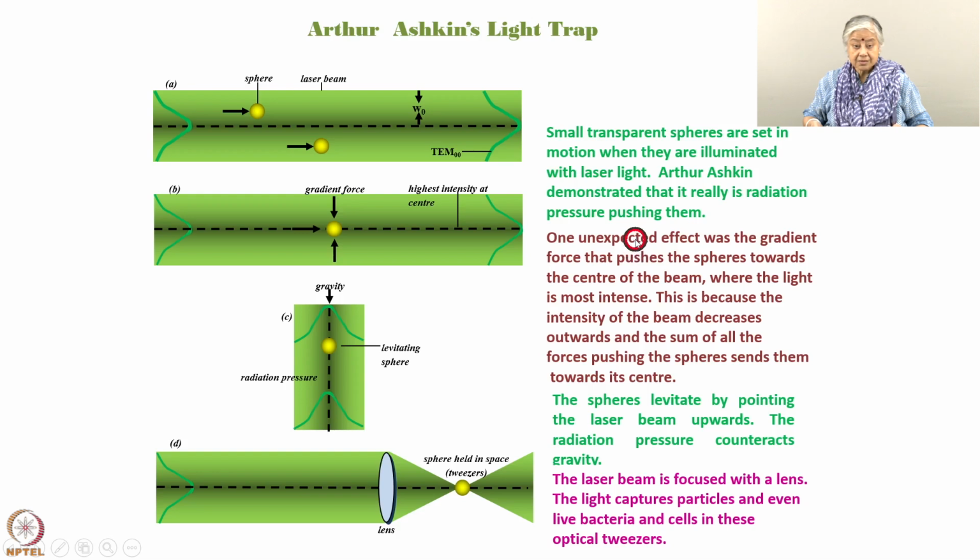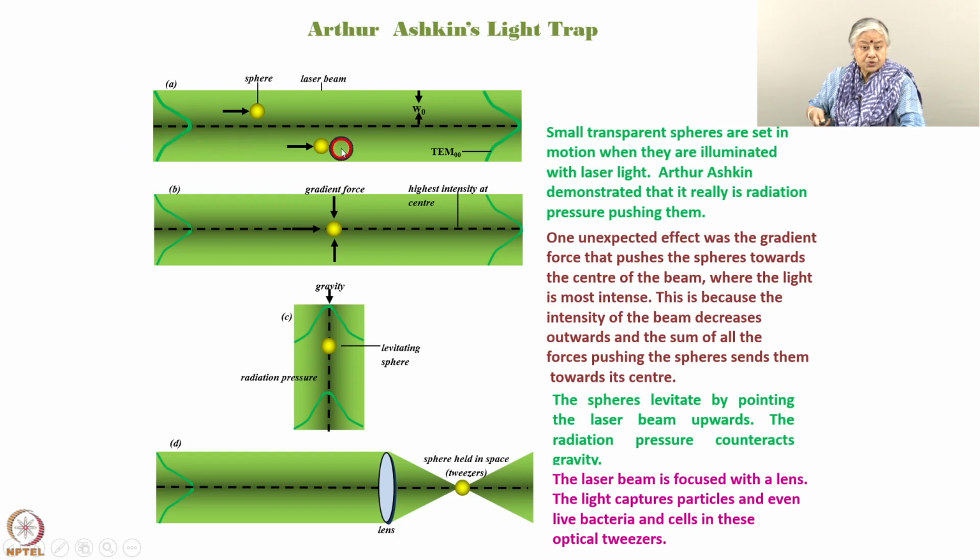They are neutral particles, there is no electrostatic force or electrical field. It is the actual pressure pushing them, and he was able to prove that. One unexpected effect was the gradient force that pushes the spheres towards the center of the beam, where the light is most intense.